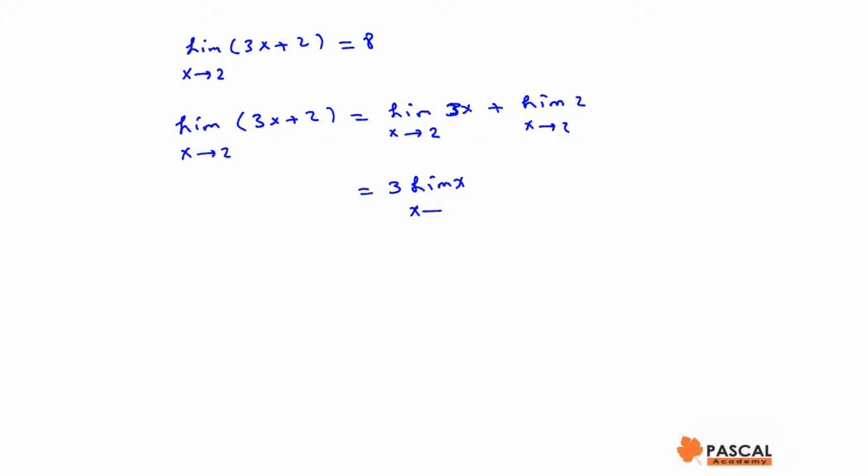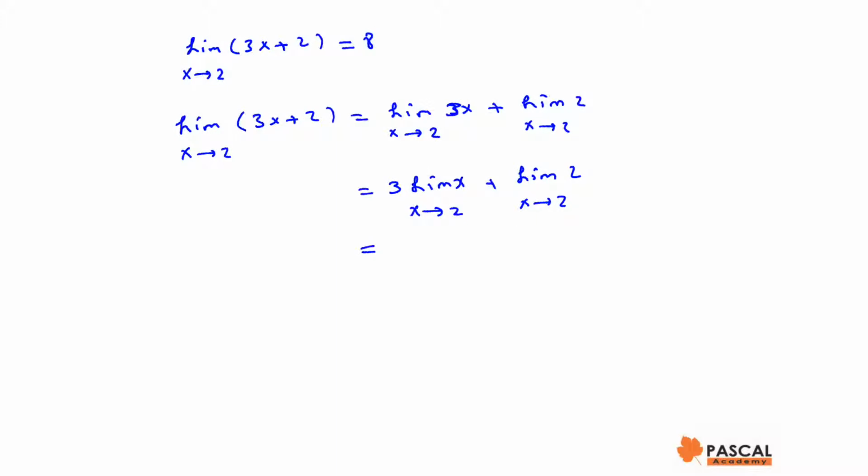The other way is using properties of the limit. The limit of the addition of two functions is the addition of the limits. Therefore, the given limit is the limit of 3x as x approaches 2 plus the limit of 2 as x approaches 2. The limit of 3x is 3 times the limit of x as x approaches 2, because the limit of a constant times a function is that constant times the limit of the function.